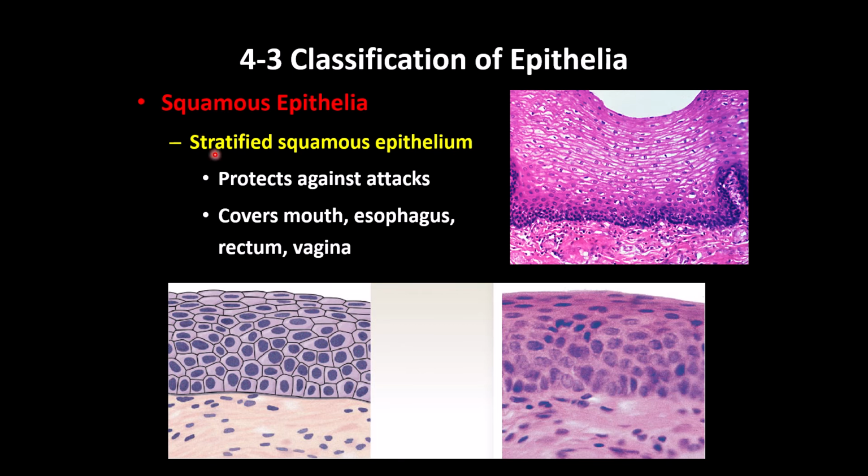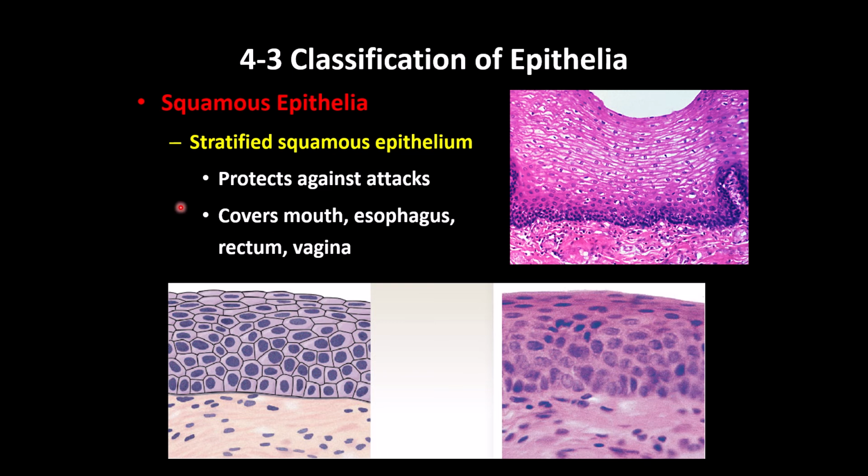Now is a stratified squamous. You can look at this example here. These are the cuboidal shaped cells, but as you go higher and higher, the cells become flatter, and that's why it's squamous. Because there are so many layers, it's called a stratified squamous epithelium.